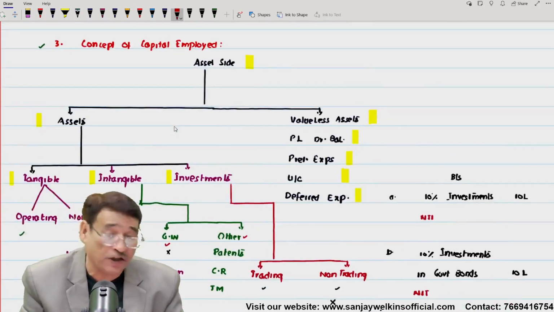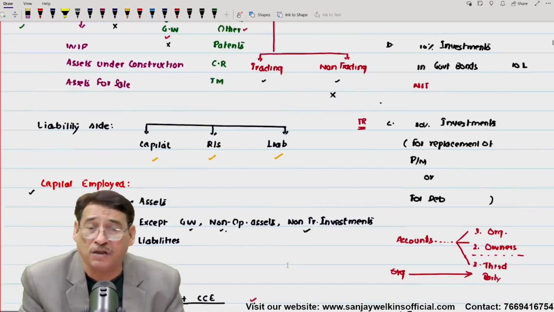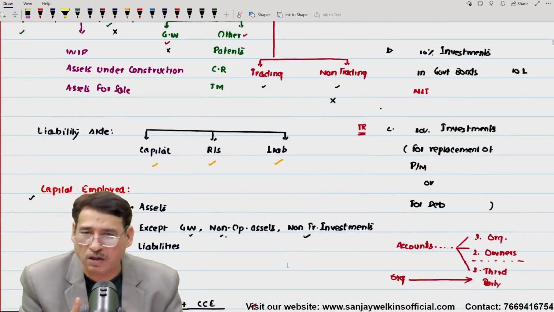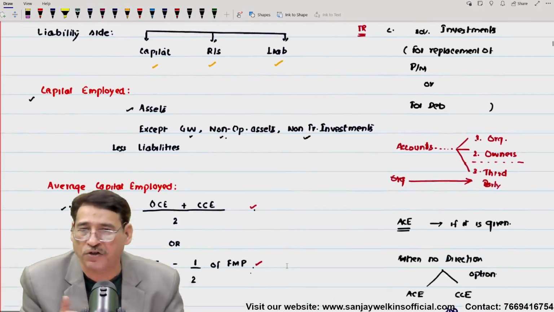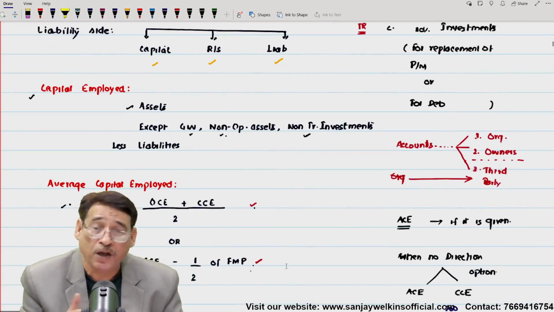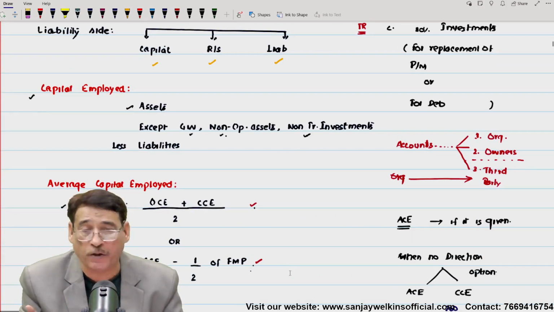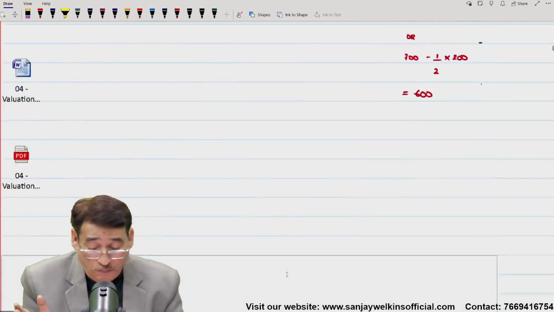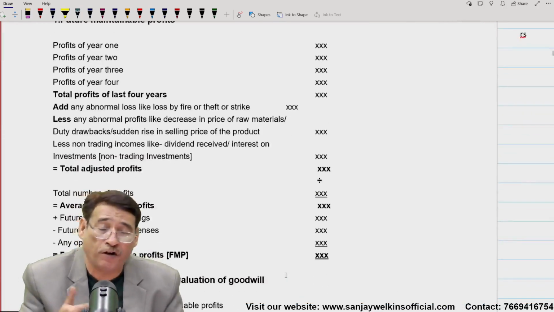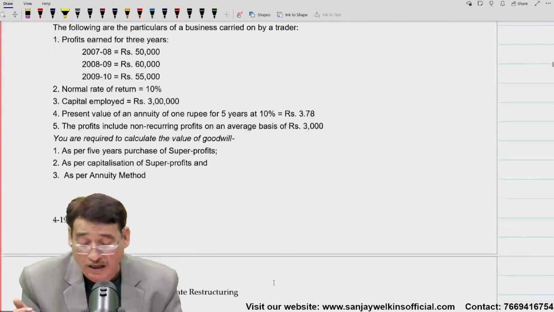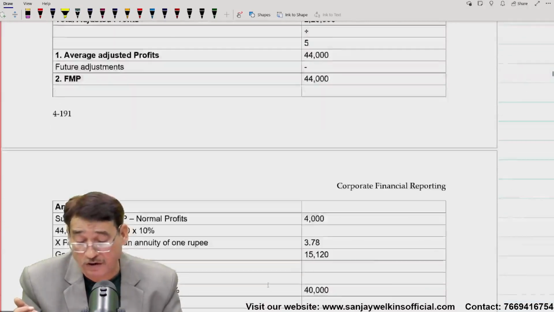I hope that after having gone through all these significant points, terminologies and jargon, and especially the computational way of capital employed in respect of goodwill, you must be having a bit of confidence now, and let us check how much confidence you have developed.